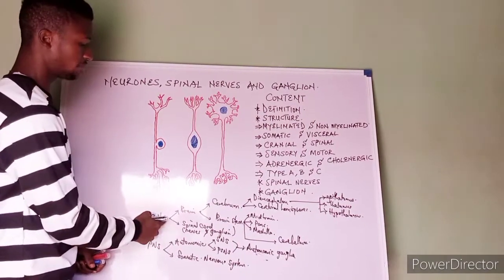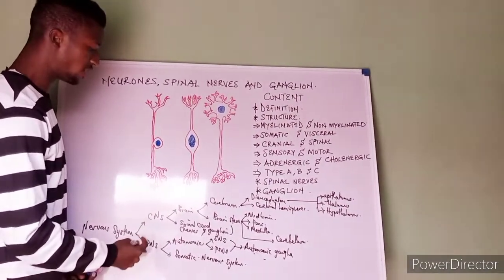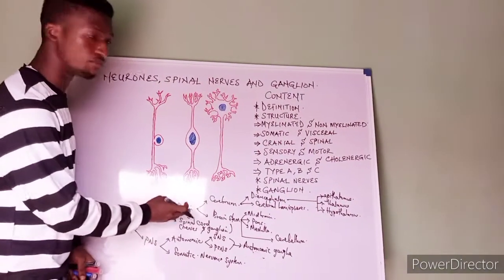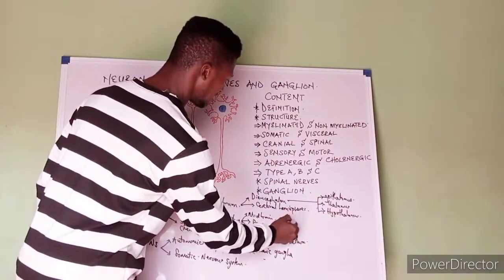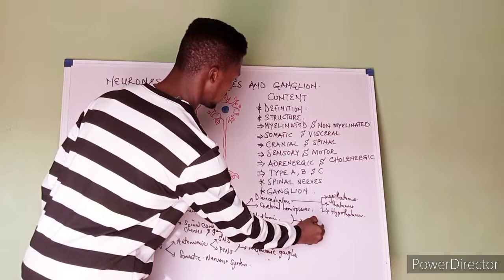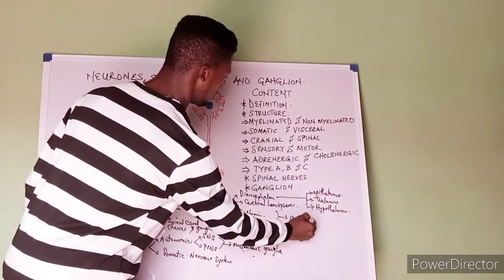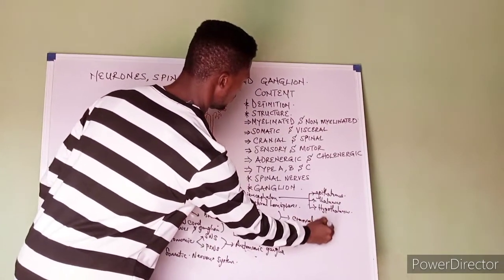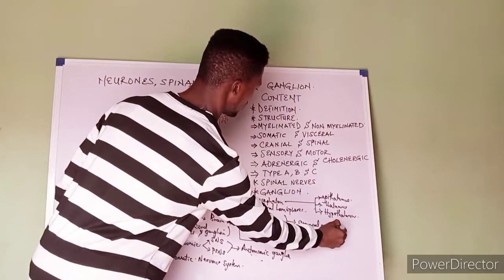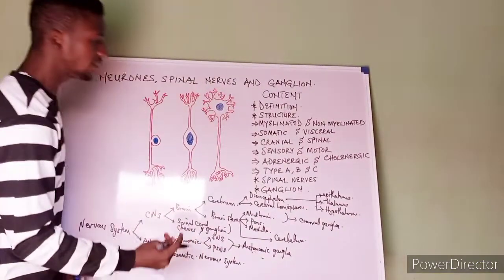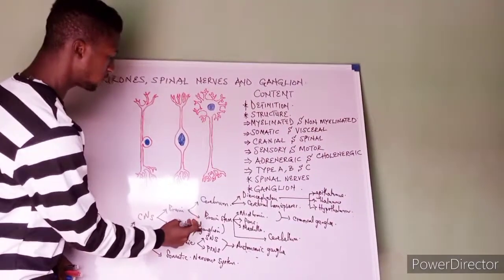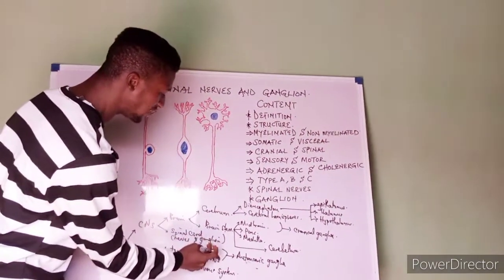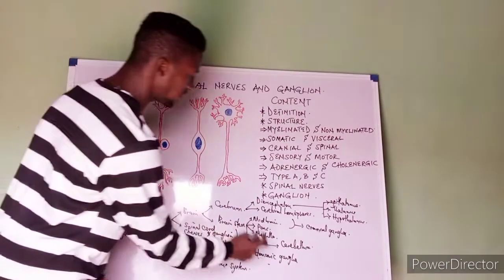The central nervous system, specifically the brain, is going to provide us with what we refer to as the cranial ganglion. The spinal cord will also present us with ganglia. What is that ganglion called?